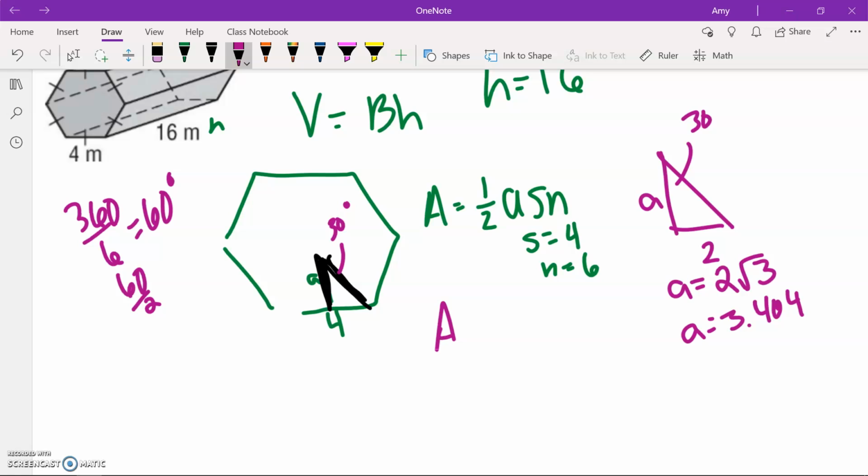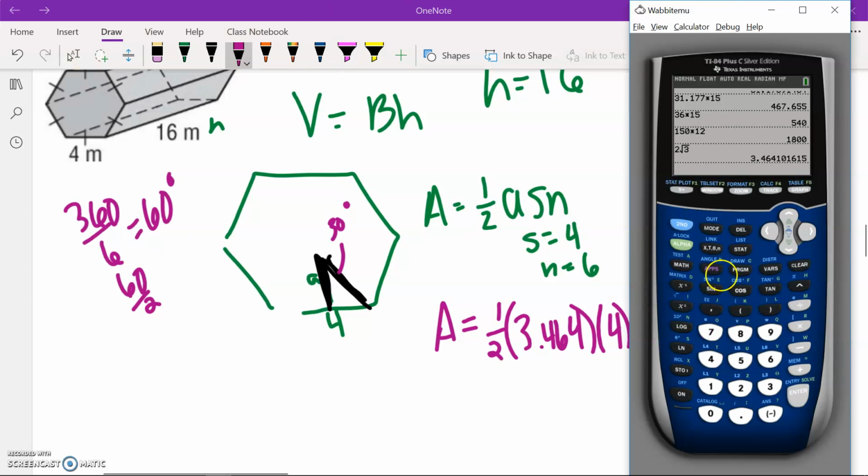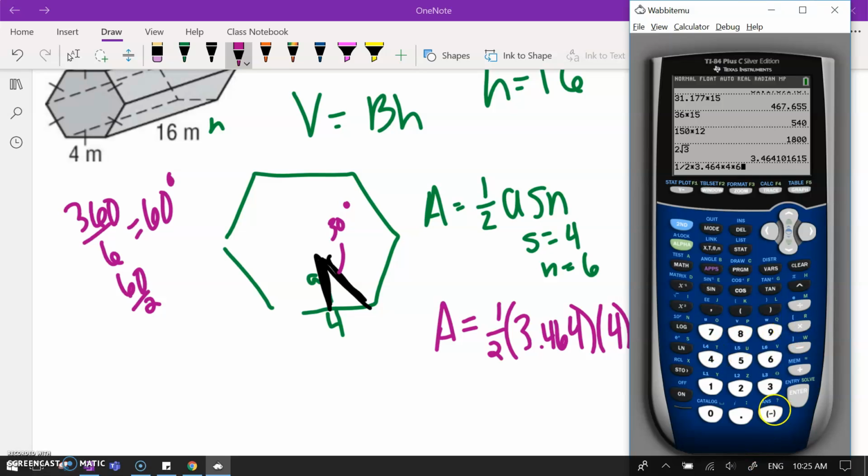So now we can calculate our area: 1/2 times 3.464 times 4 times 6.